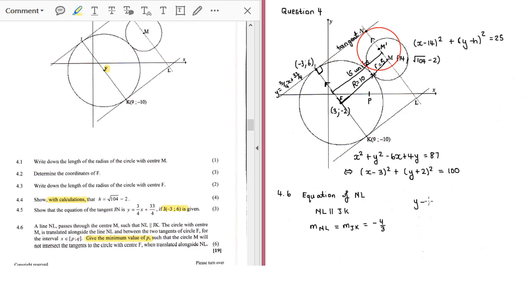Now let's go into the equation. y minus the y value. We need a point that is on the line NL.